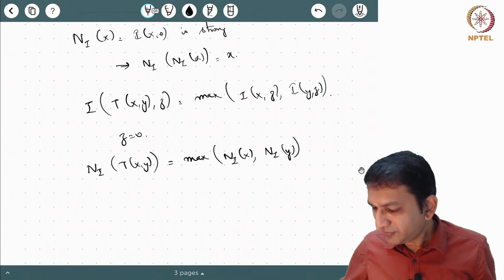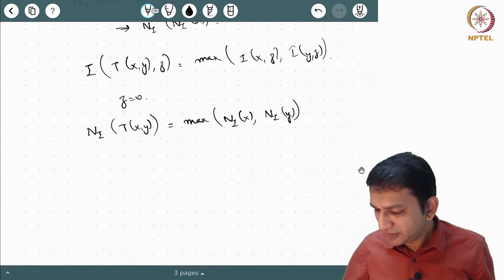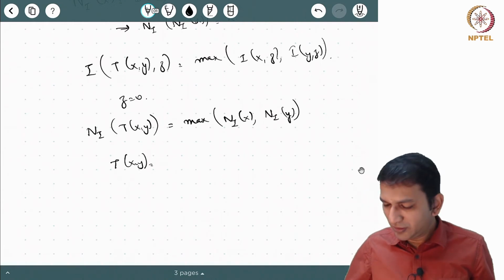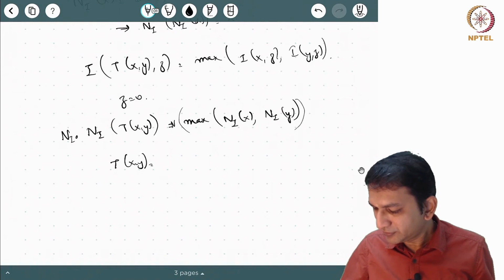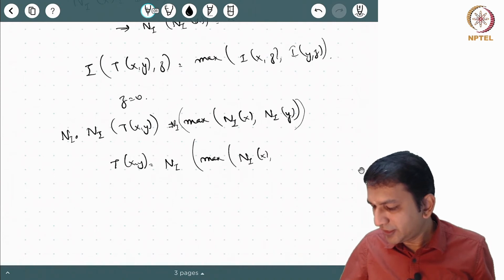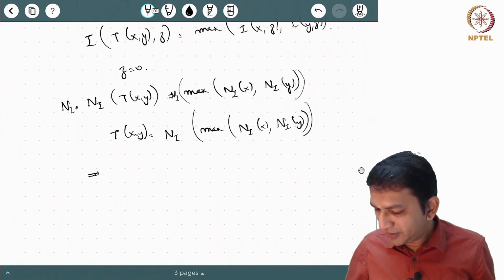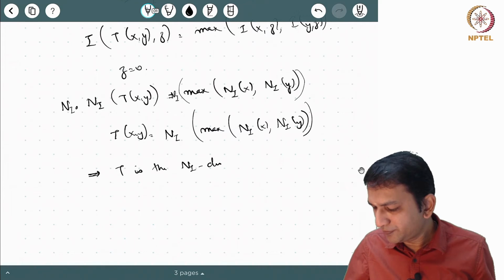Clearly this means T of x,y is equal to, since N_I is strong, we could apply N_I on either side, N_I of max of N_I of x comma N_I of y. This implies T is the N_I dual of max, implies T is in fact equal to min.